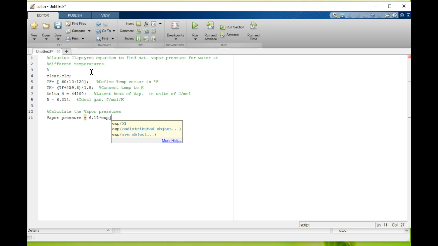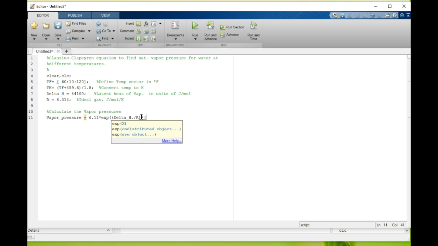Exponential of delta H divided by R. R is a constant now. Now remember, R is a scalar, so we don't have to put a dot there. But in this case, I'm going to, because it doesn't really matter. But if R was a vector or an array, we could put that in.